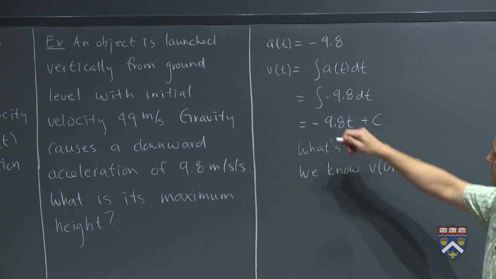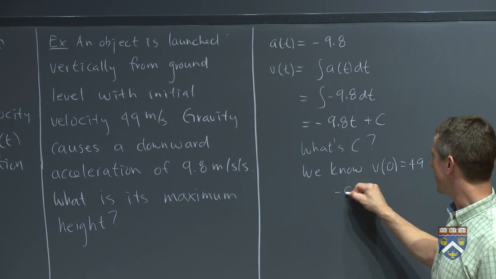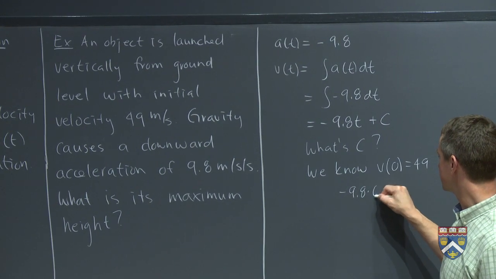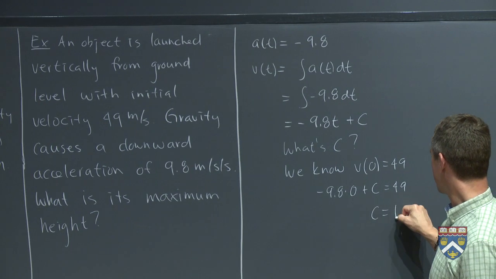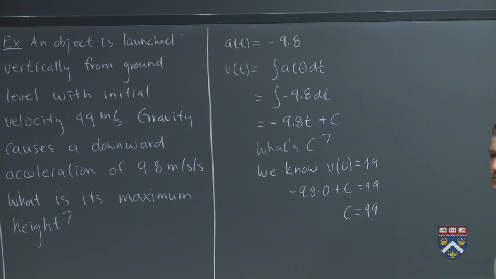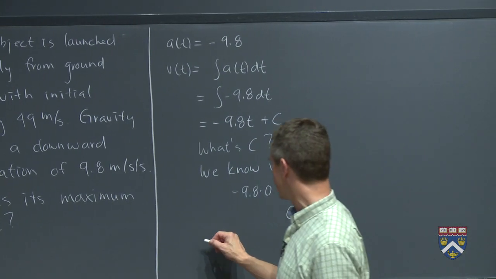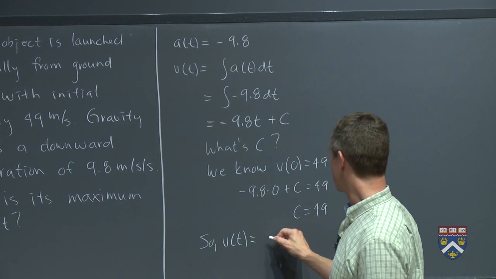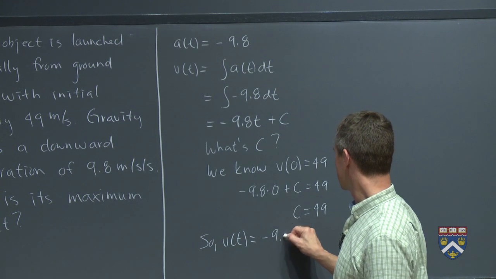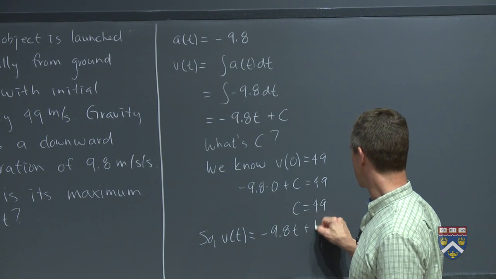And if I plug 0 into this formula, I get negative 9.8 times 0 plus c equals 49, and that means c is 49. So our formula for velocity is negative 9.8 t plus 49.